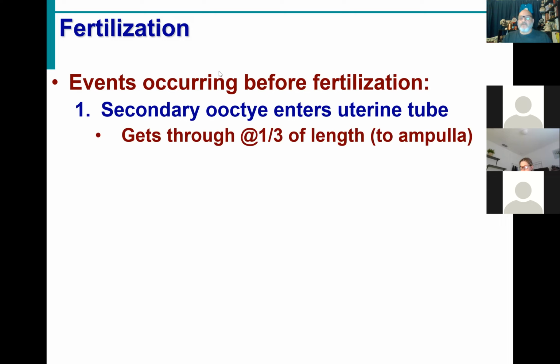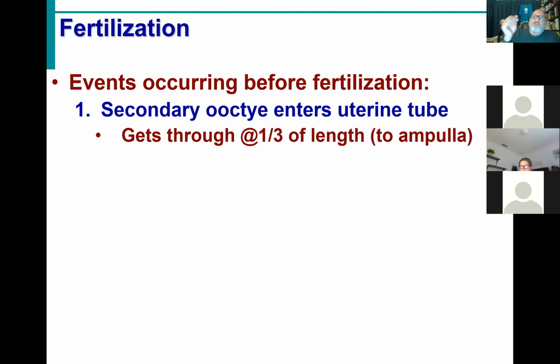All right, so as I mentioned, for fertilization to take place, and again, by fertilization, I mean successful fertilization that has a chance of implantation and becoming a person, that secondary oocyte after ovulation needs to enter into the uterine tube.